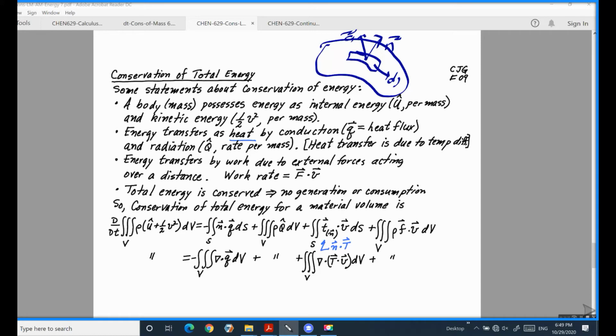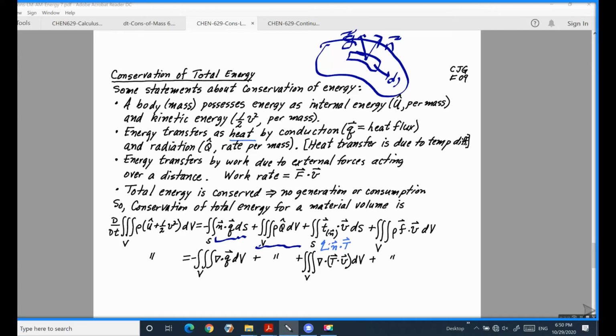This term, this g, gives the heat transfer from the surface due to conduction per area. This term gives the radiation term, heat transfer due to temperature difference, over your total volume.